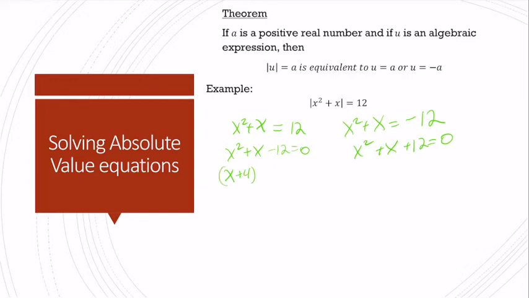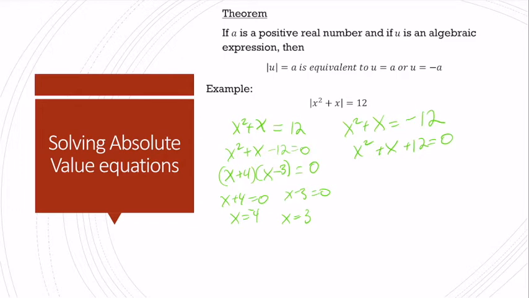So I've got x plus 4 and x minus 3 equals 0. I'm going to set both of these equal to 0. x plus 4 equals 0, x minus 3 equals 0. So I get x equals negative 4 and x equals positive 3.